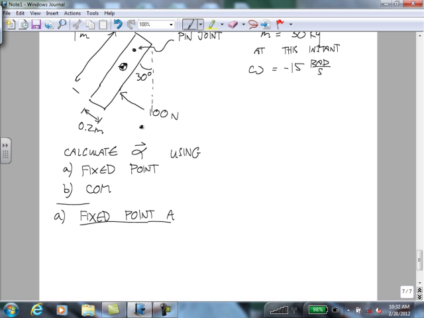Okay, so if we're going to start with the fixed point, doing it about the fixed point, we know we're going to use rotational Newton's second law, so at some point we're going to have to calculate the moment of inertia. So the moment of inertia, first we'll calculate it about the center of mass, and then we'll use the parallel axis theorem to move it here.